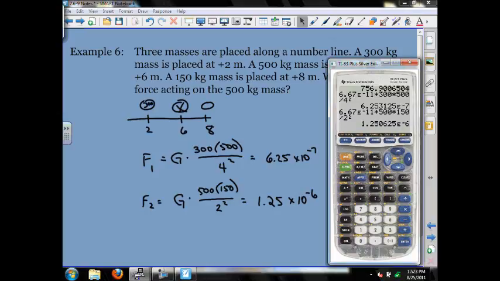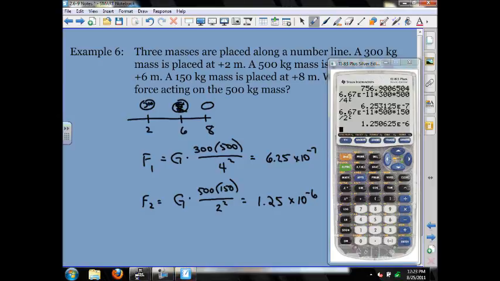Problem we might run into then, do we add those together? Do we subtract them? Do we do something else with them? Why do we subtract them? You get one way, one from the other. Okay, good. So force 1 here would be in the negative x direction, right?